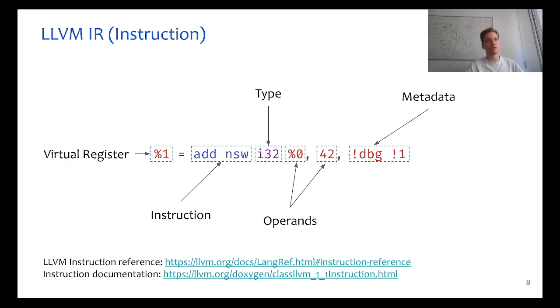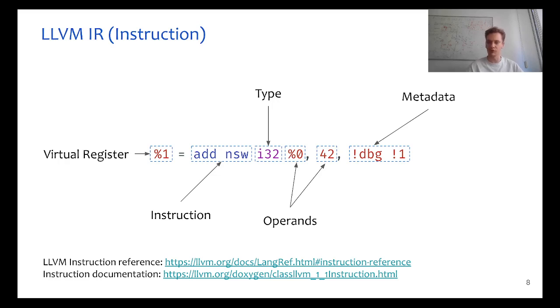If we take a closer look at instructions specifically, they always have a similar form. On the right-hand side of the assignment, we have the instruction itself, which has a name that defines the semantics of that instruction, in this case an add. We have types. In this case, this is a single type for both the operands and the return value.